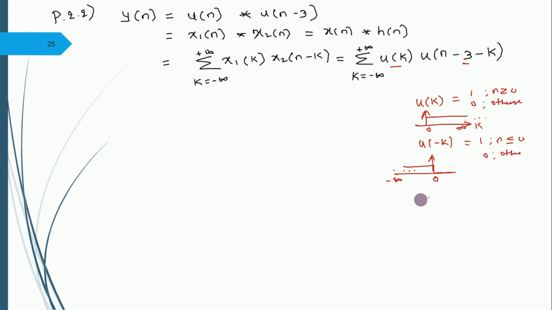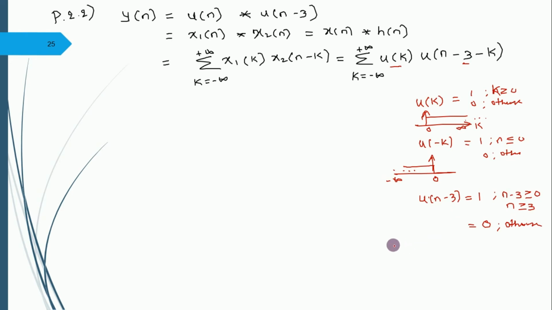Now, if I ask you to tell me u of n minus 3, it is 1 when n minus 3 should be greater than or equal to 0, or else n greater than or equal to 3. If minus 3 is taken this side, plus 3. For n greater than or equal to 3, u of n minus 3 will result in 1, or else 0 otherwise.